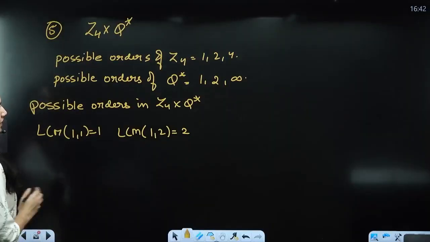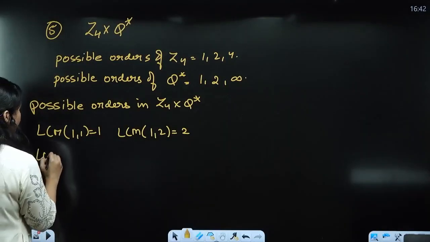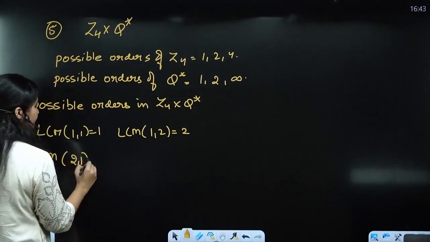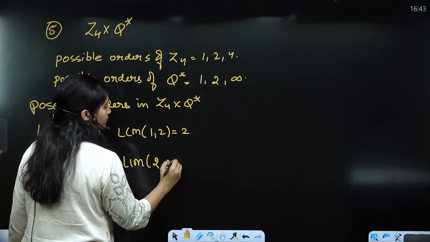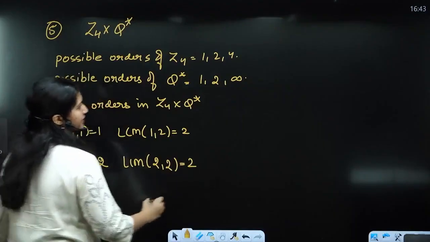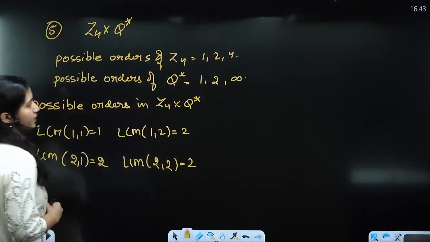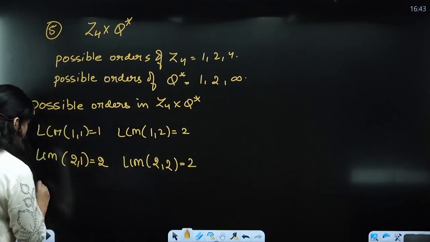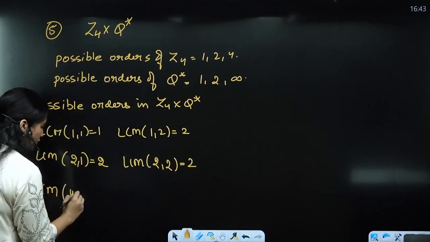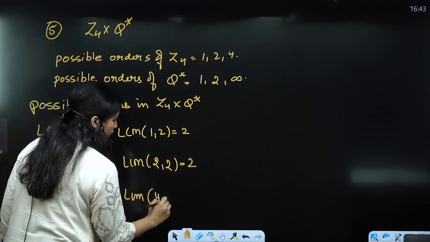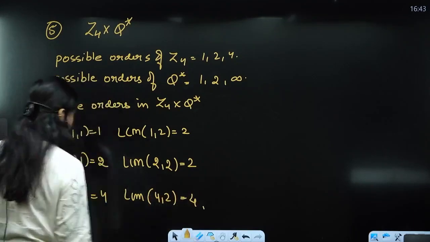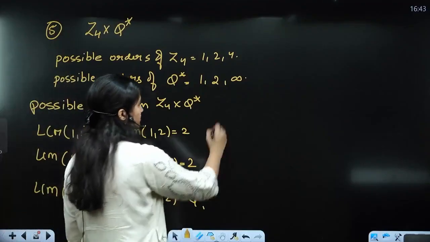Then we'll take LCM of 2, 1, that is 2. Then LCM of 2, 2, that is 2. And finally, LCM of 4, 1 equals 4, and LCM of 4, 2 is again 4, right? Chalo.